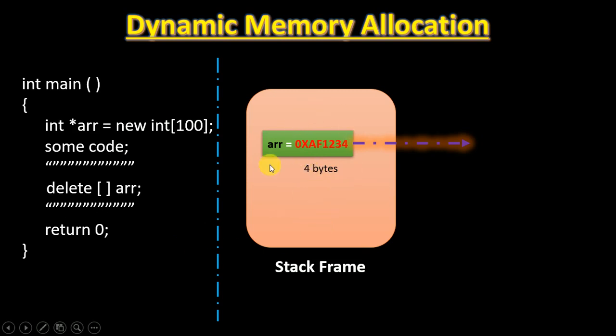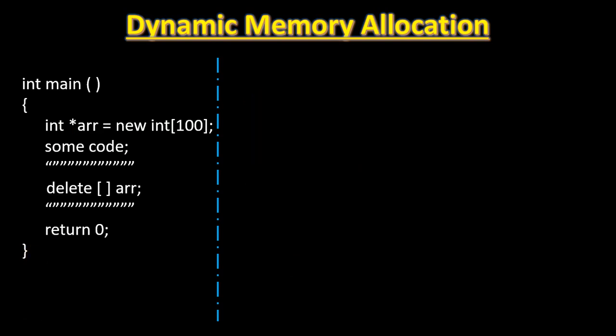So how many bytes of memory will be wasted throughout the function? Only 4 bytes. But in the previous case we were wasting 400 bytes. Now we are wasting only 4 bytes once we are done using ARR. As usual, once CPU control hits the closing curly brace, all of this will be removed from memory.